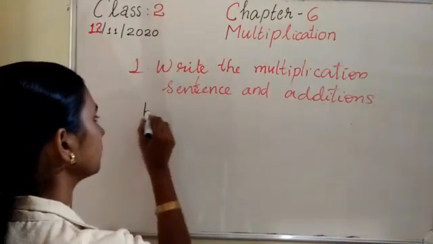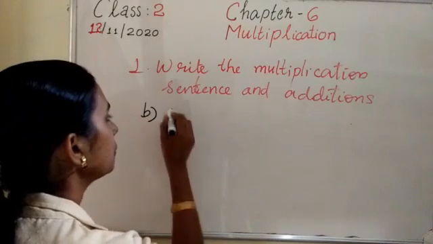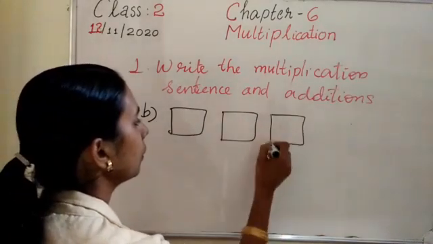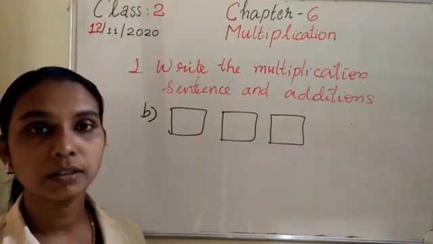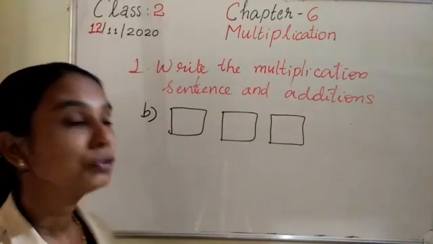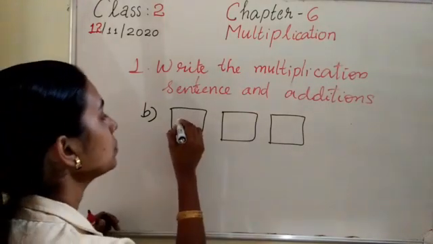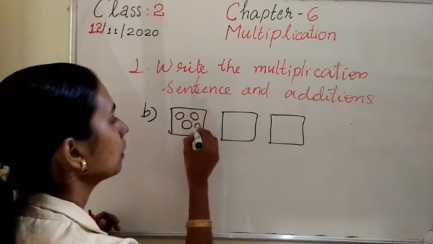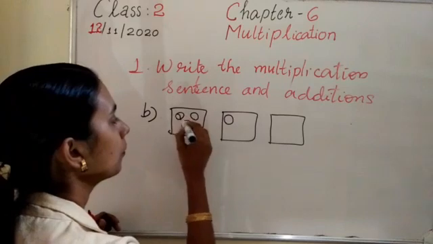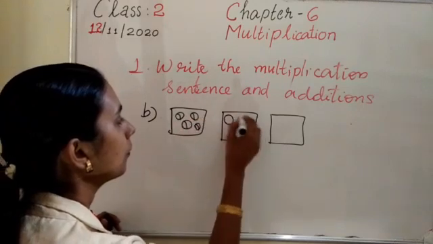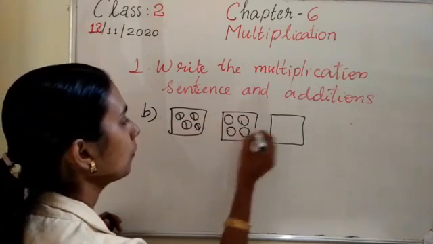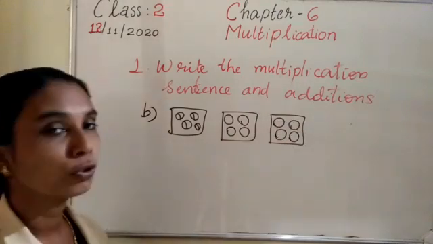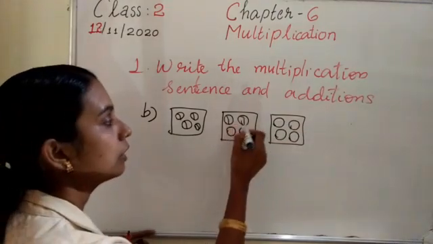B. How many packets are there? How many groups are there? 3 groups. And in each group, how many are there?